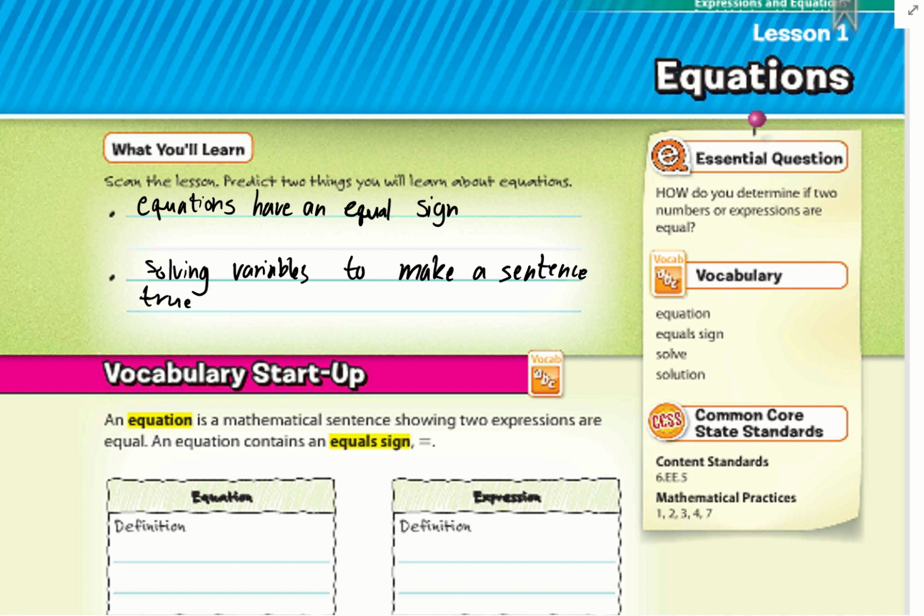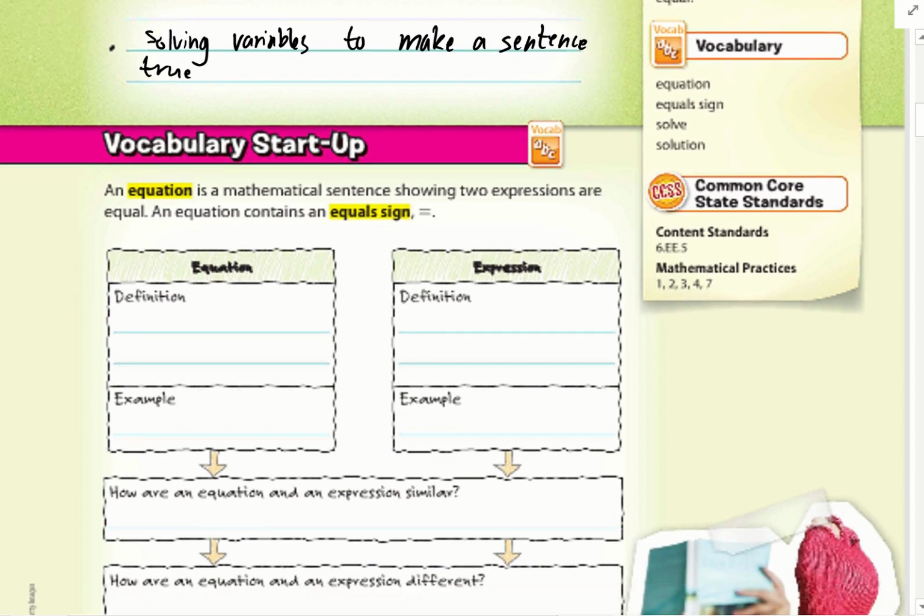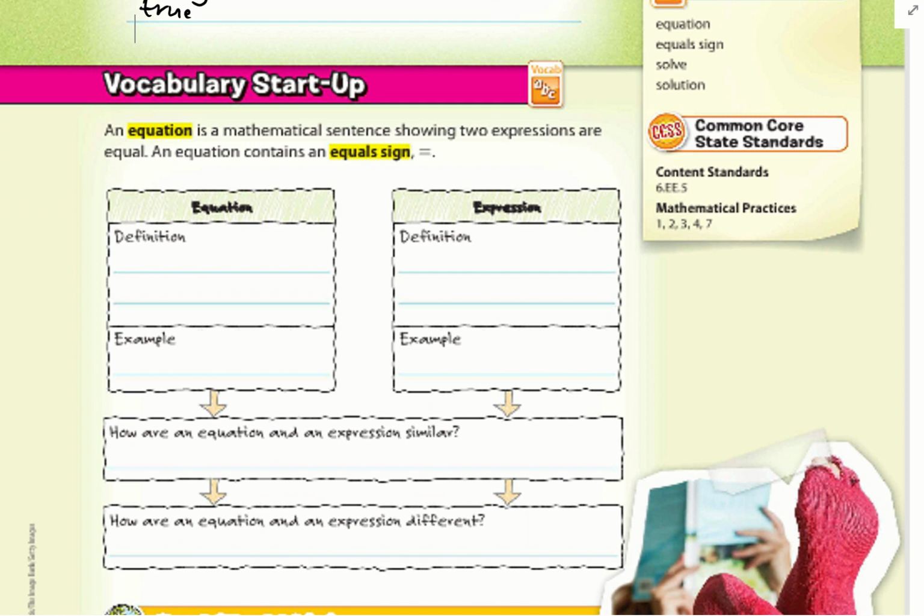It says, an equation is a mathematical sentence showing two expressions are equal. An equation contains an equal sign. So we're going to say two expressions that are equal.